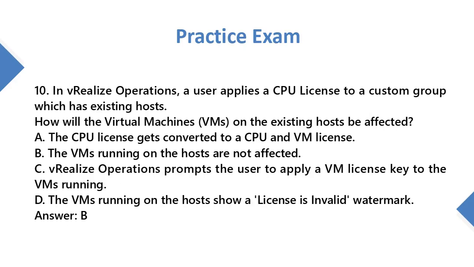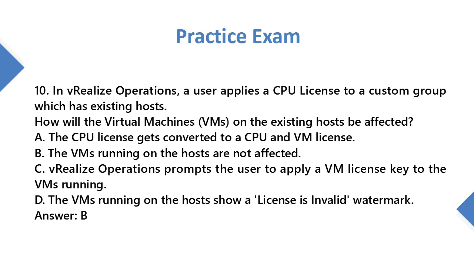10. In vRealize Operations, a user applies a CPU license to a custom group which has existing hosts. How will the virtual machines, VMs, on the existing hosts be affected? A. The CPU license gets converted to a CPU and VM license.